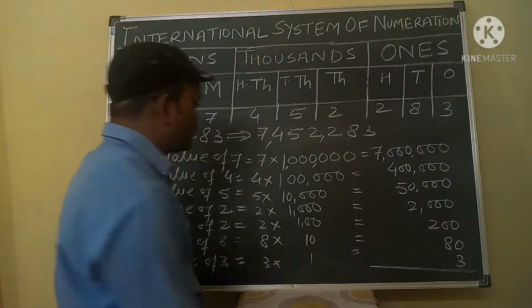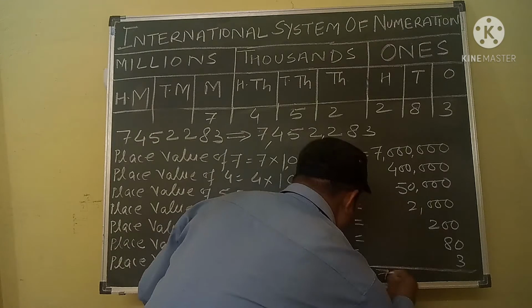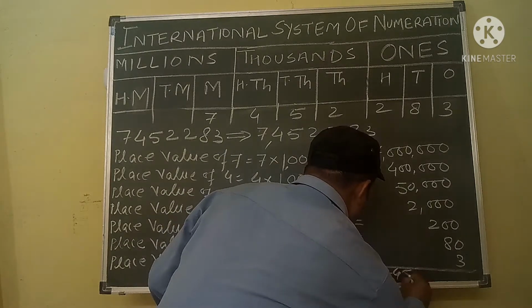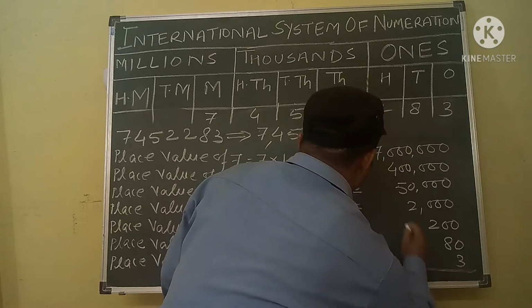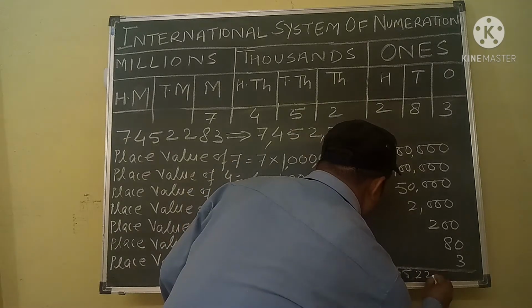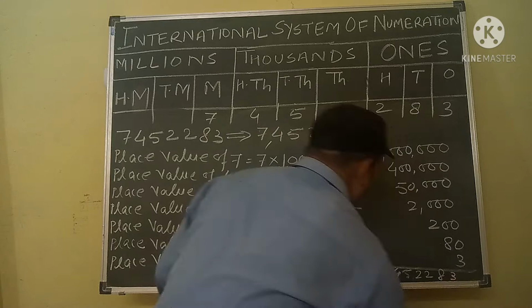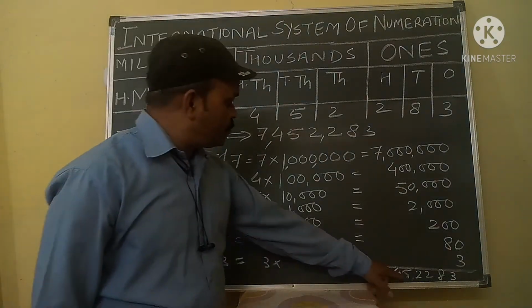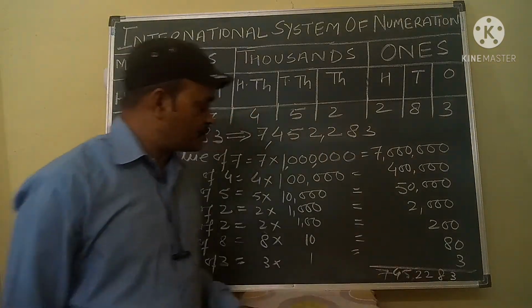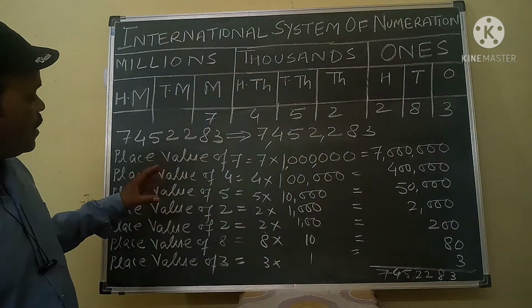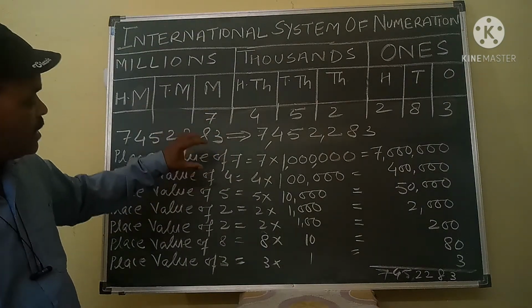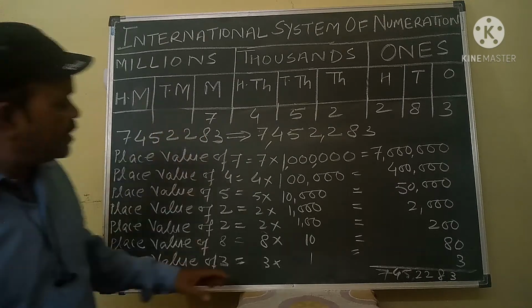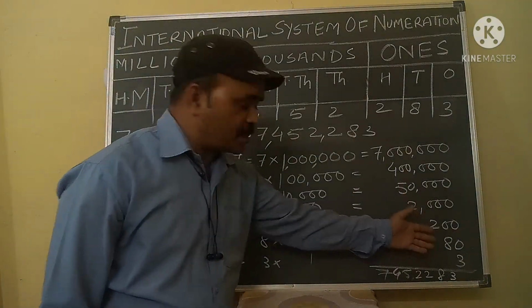Then after we will add all these numbers, then we will get 7,452,283. After finding out the place value of each digit in this number, we will add all these products.